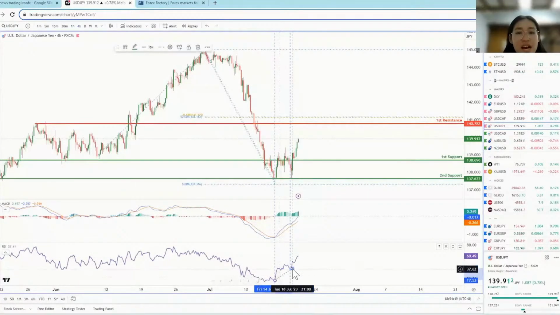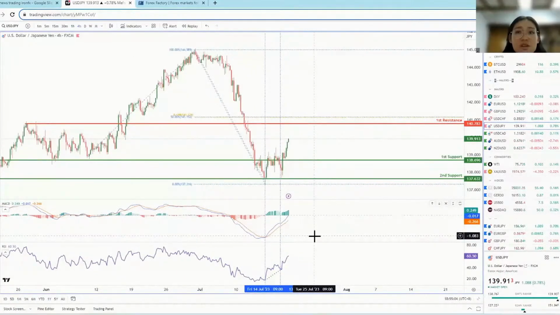Price making a higher high on our RSI, but on our price chart, it looks about the same at our second support. So this is what we call a bullish divergence, and that's how we know that price is likely to continue to increase with all of the upward pressure. Okay, so we are expecting price to continue to go up to our first resistance.